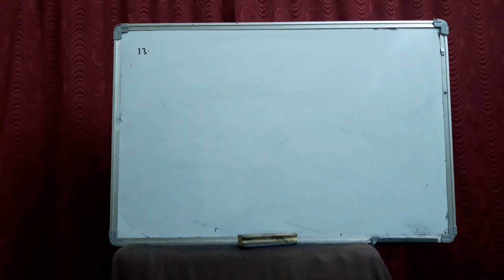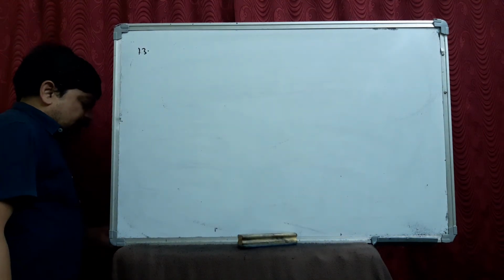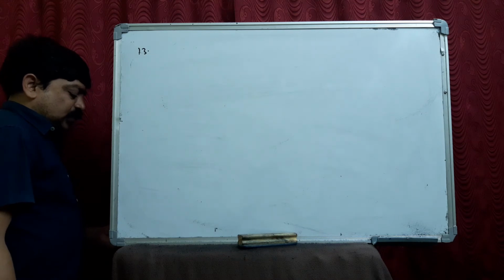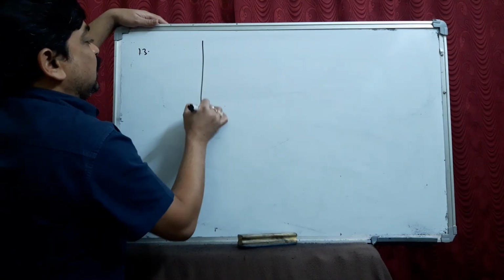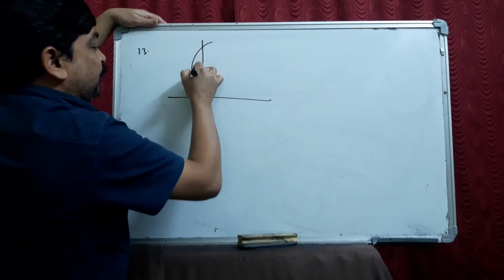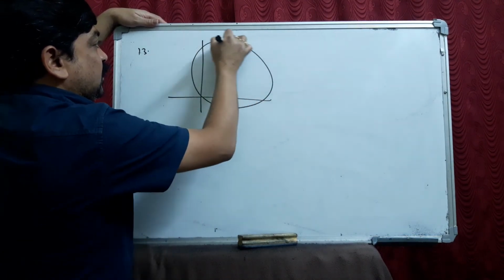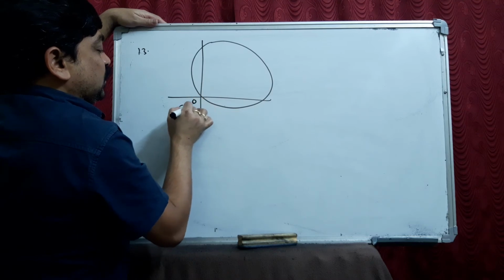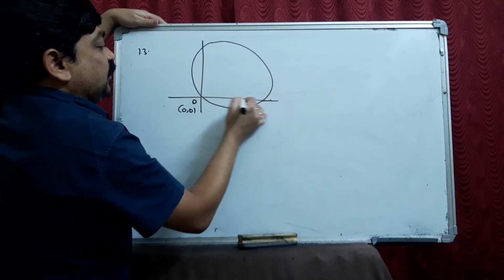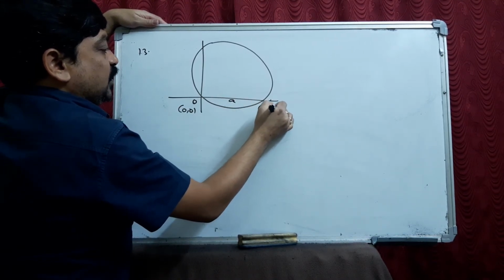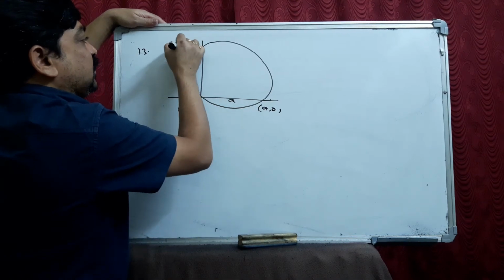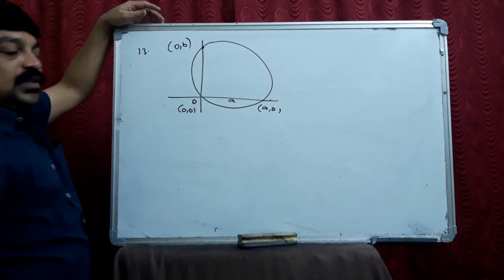Now see the 13th question. Find the equation of circle passing through (0, 0) and making intercepts A and B on the coordinate axes. That means the circle will be passing through like this. So it is passing through (0, 0), making intercept A on x-axis, (A, 0), and on y-axis, (0, B).